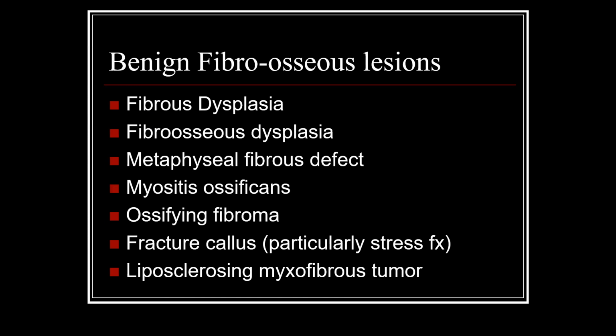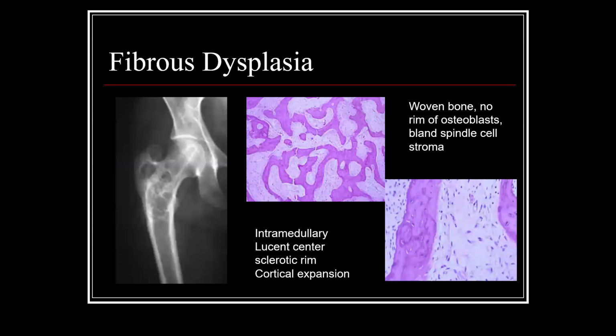But very often the radiologists are quite adept at identifying these. So this includes fibrous dysplasia and fibroosseous dysplasia, slightly different disorders, metaphyseal fibrous defect, myositis ossificans, ossifying fibroma, fracture callus, particularly secondary stress fractures, and liposclerosing myxofibrous tumor, which we'll talk a little bit about.